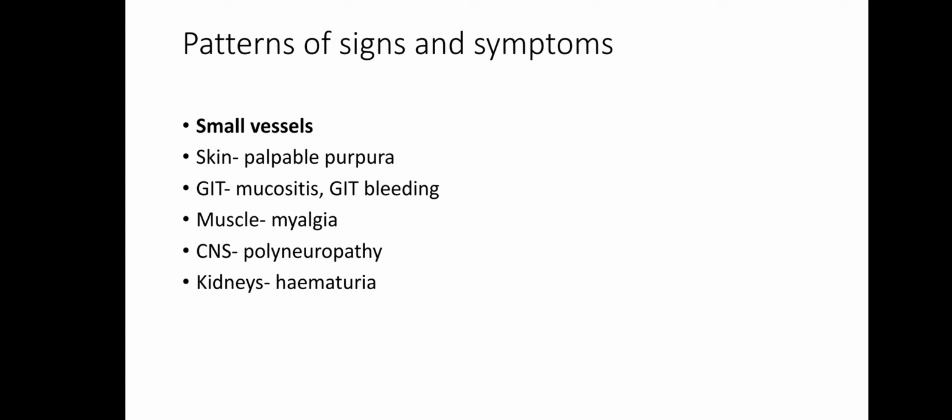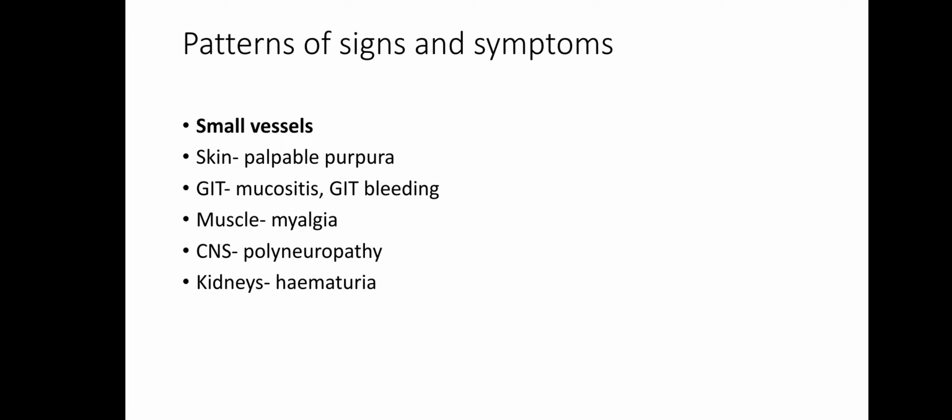So, the patterns of signs and symptoms. This one we can look at in terms of the size of the vessels affected. It'll be easier. So if the vasculitis affects the small vessels, this will be the patterns of signs and symptoms.